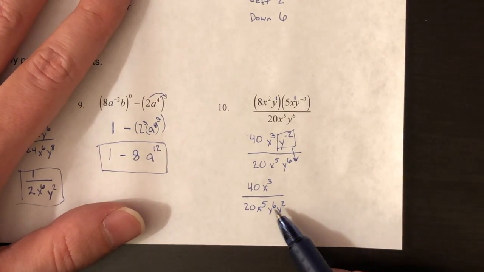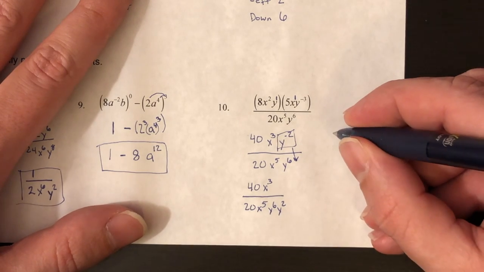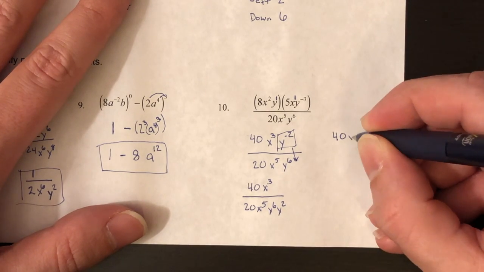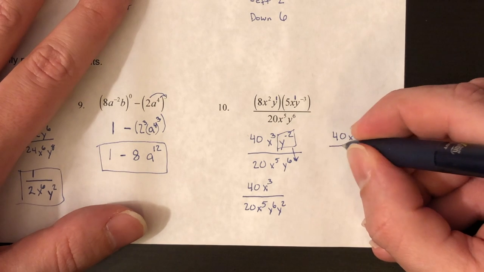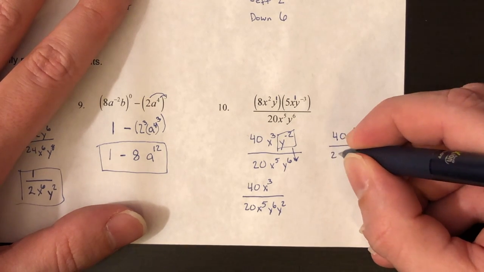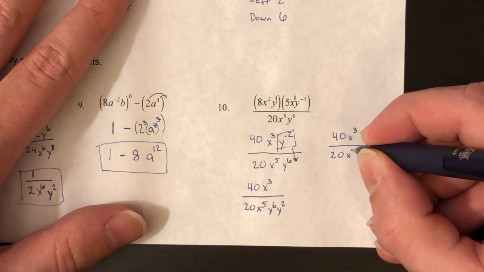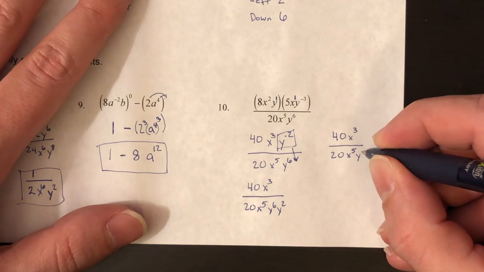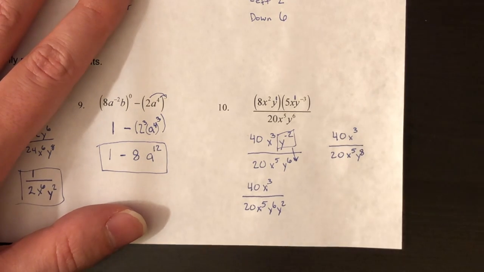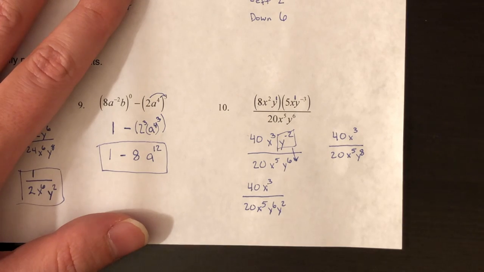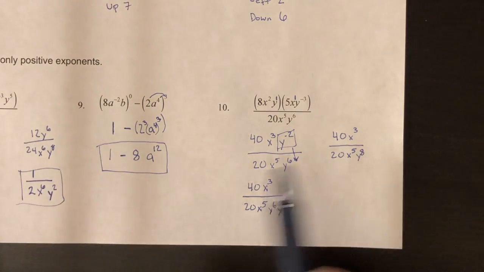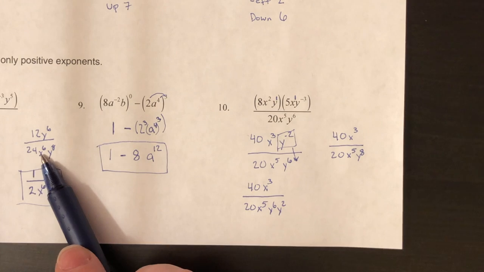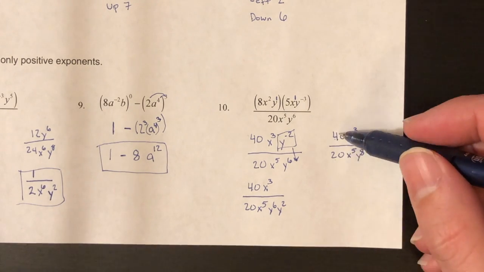Now I can combine those y's. So I've got 40 x cubed over 20 x to the power of 5 y to the power of 8.